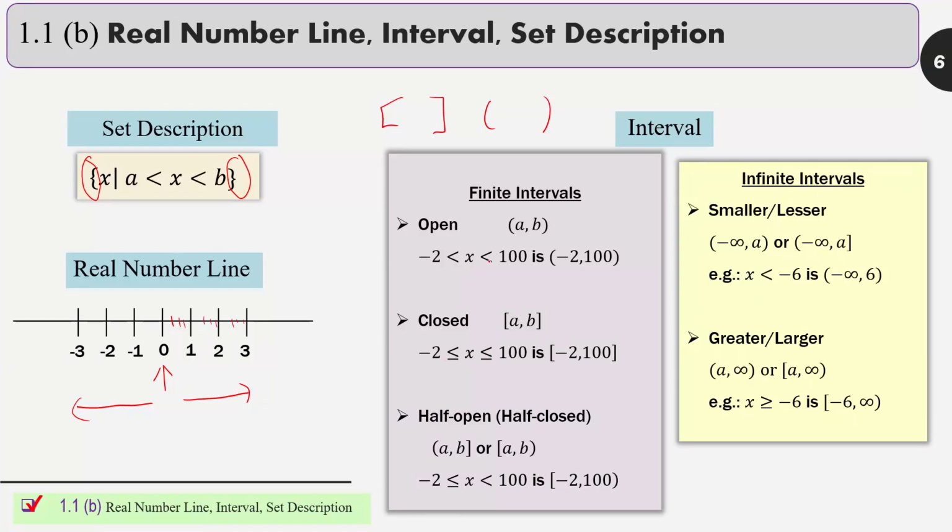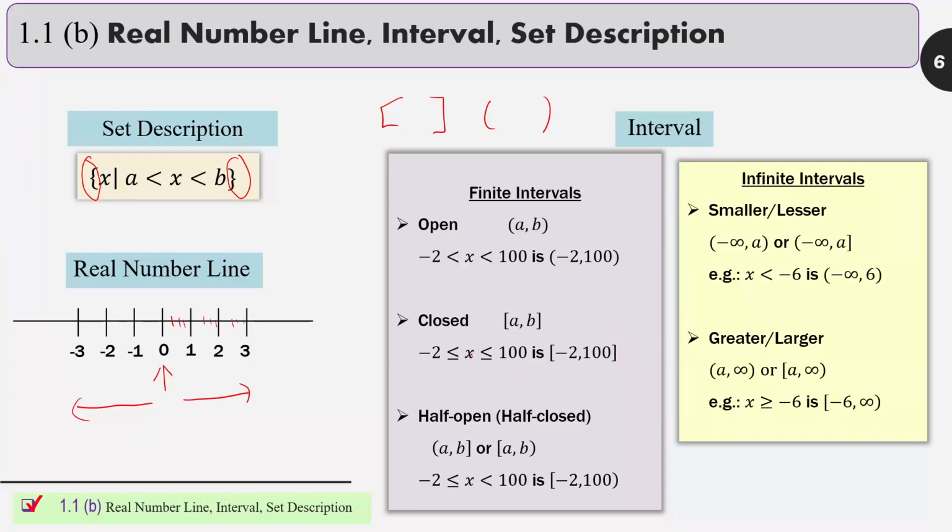So if you have a domain or a range starting from A to B, and not inclusive of -2 and 100, we are going to use a round bracket. If you want to include -2 and 100, that's why we are using a square bracket.